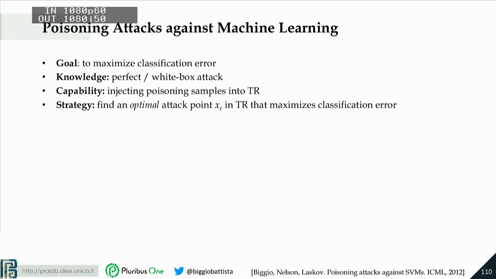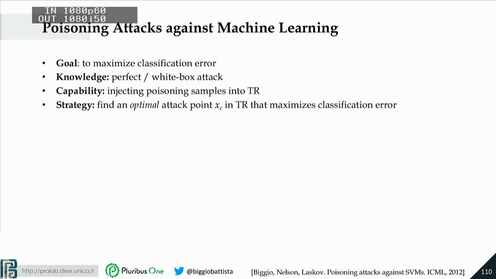And then in this setting, the attacker can inject some poisoning samples into the training set. And so the optimal strategy, now I state it in words, but then we will formalize that, is that the goal is to find an optimal attack point, xc. So let's simplify the problem a little bit. Instead of considering many points at a time, we just focus on a single poisoning point.